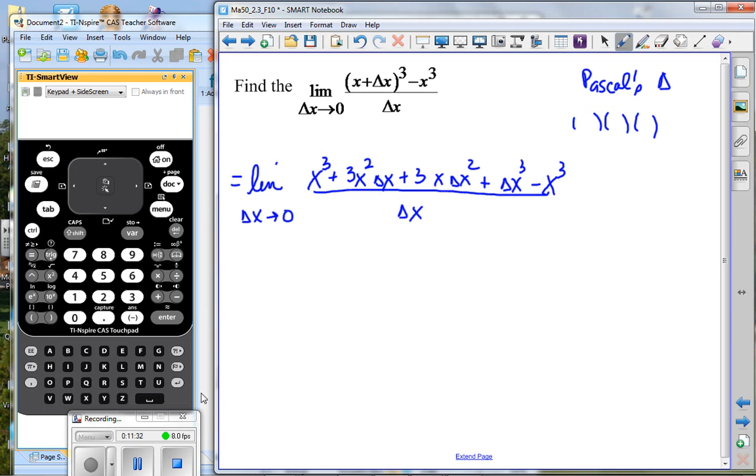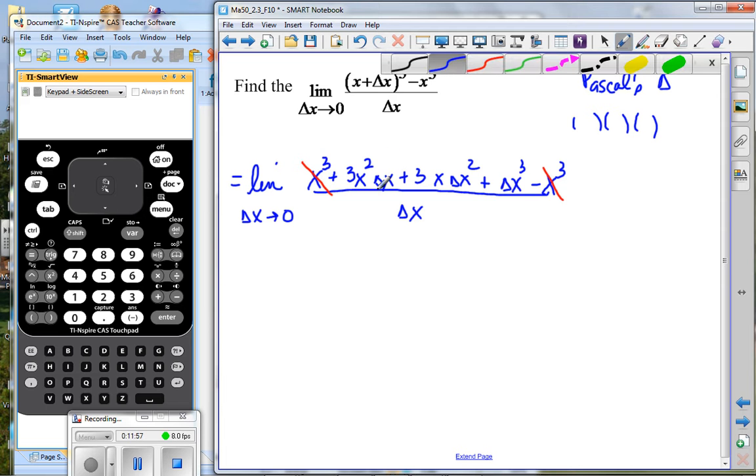Let's stop one moment and talk, why can't we use direct substitution? Absolutely, it would give us a zero denominator. Okay, so we have to do something else. At this point, when we see all of this, we've got an x cubed and an x cubed. One's positive, one's negative. It's going to cancel out.